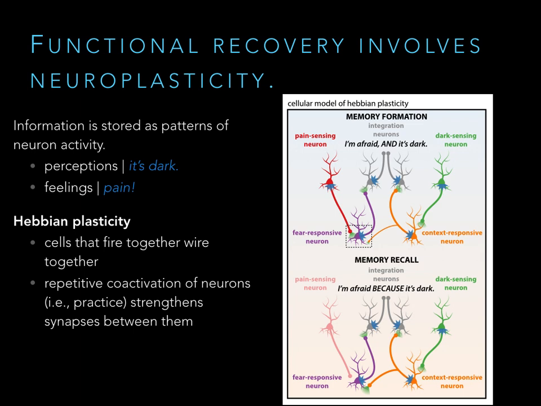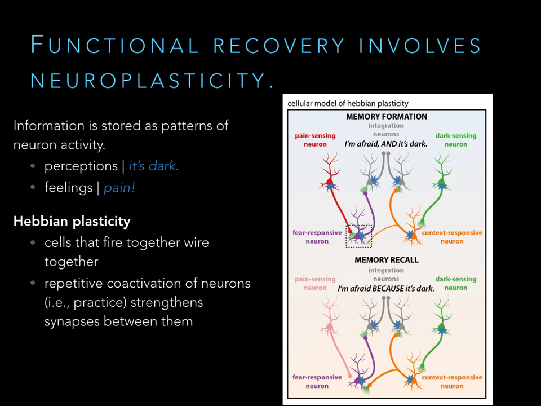So if we compare the top, in this case, the electrical shock was needed to create that fearful response. But in the bottom, once the rat has associated the dark condition with the shock, it now has the memory. And so now it becomes afraid because it's dark, rather than afraid because of the shock.